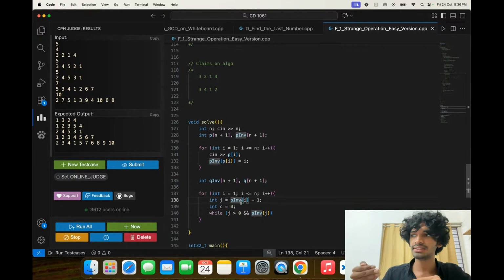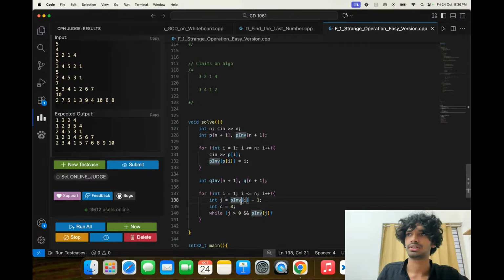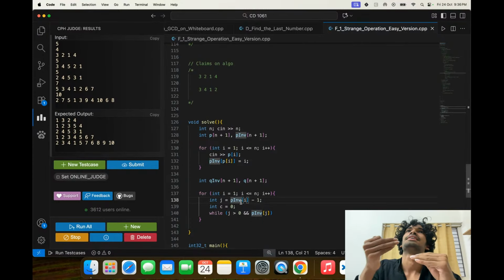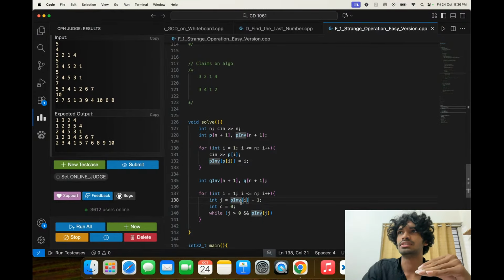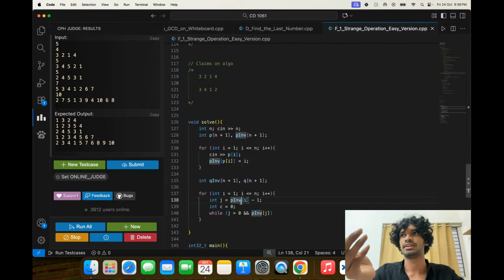I want where one is in P inverse. Where one is in P inverse is what I want, which is nothing but P of 1. Right.